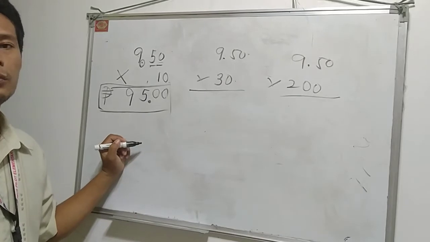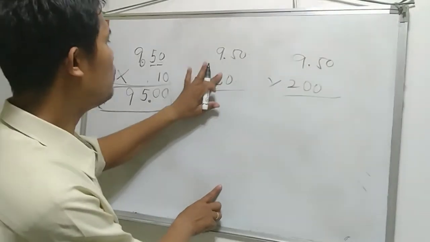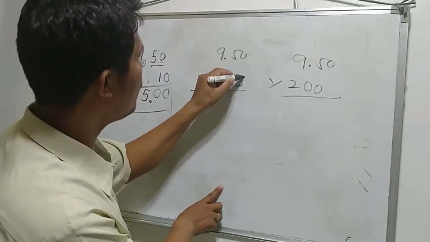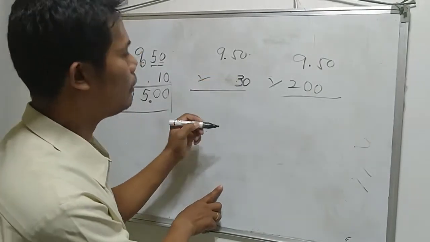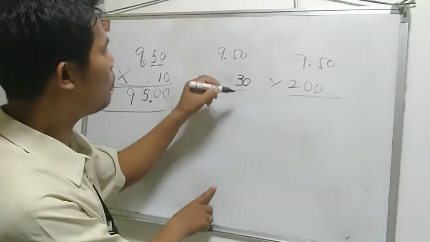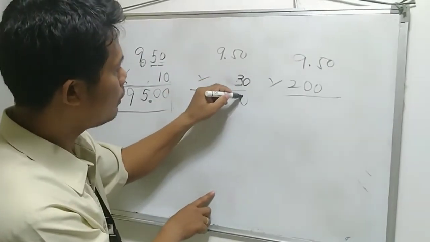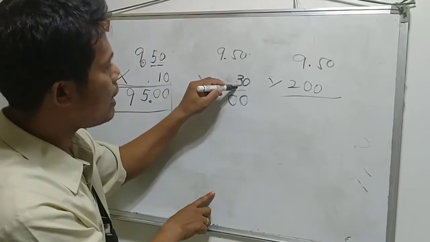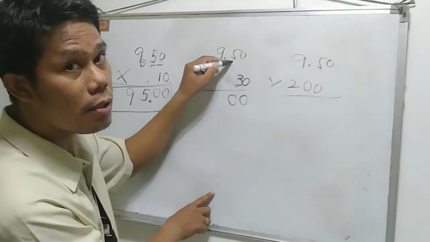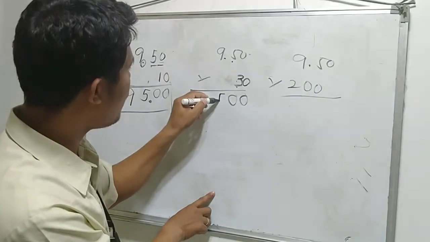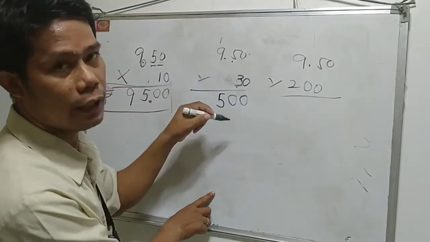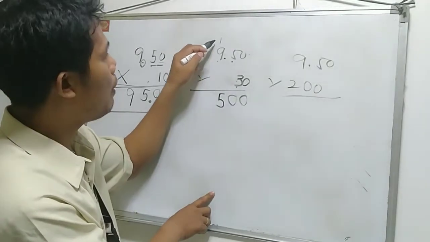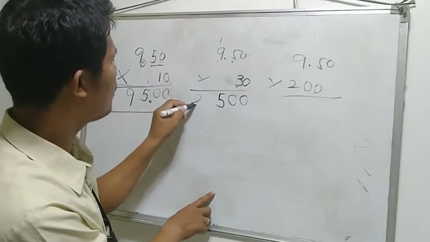Now we are going to find out for 30 days. So i-move natin ulit. 3 here. Then 0. So again, we are going to bring down 0. Then 3 times 0 equals 0. 3 times 5 equals 15. Bring down 5, carry up 1. Then 3 times 9 equals 27 plus 1, 28.